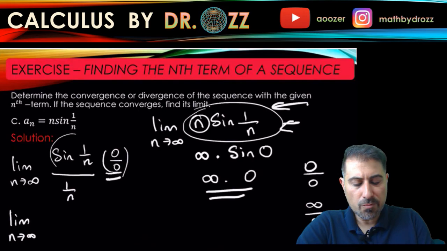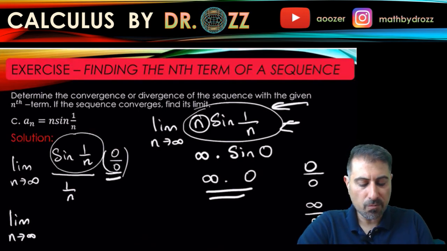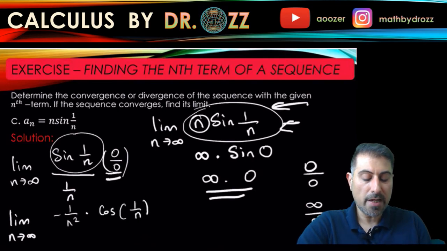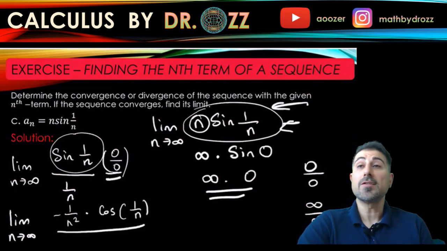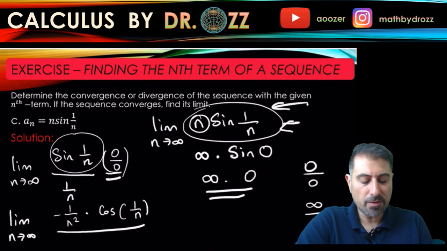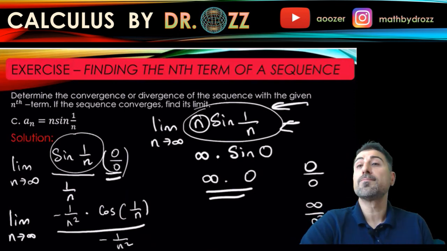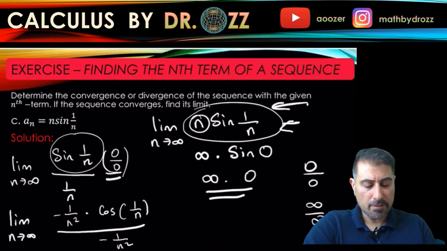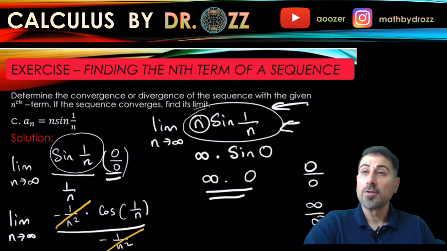So we use the chain rule for that. It's the derivative of sine of 1 over n, so the derivative of the inner part, which is minus 1 over n squared, times cosine 1 over n. And this is all divided by the derivative of 1 over n, which is, again, minus 1 over n squared. So this way I can divide these out.